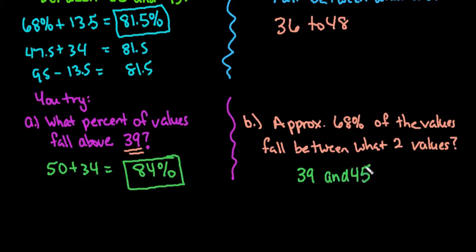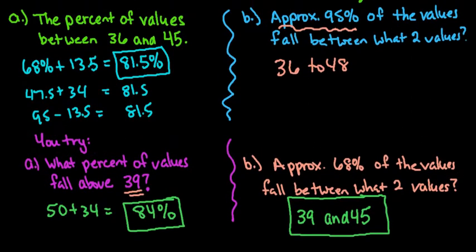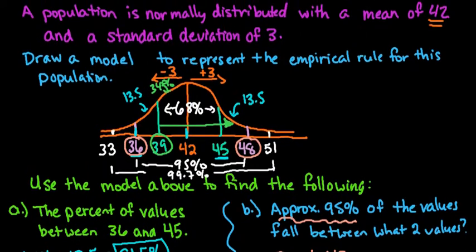Okay, and when you're asked questions about the empirical rule or the 68, 95, 99.7 rule, the questions that are asked in textbooks will refer to these values here, so it's always a good idea to draw out the picture. If you are dealing with something that doesn't fall on here, then you would actually have to use either the normal table or a graphing calculator that has the normal distribution in there.